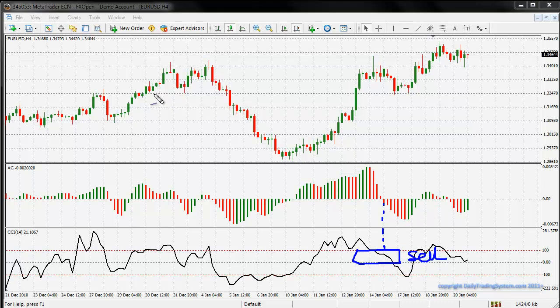What we then do is target previous support and resistance levels depending on the trade. This is a sell trade, so we're going to target a support level.